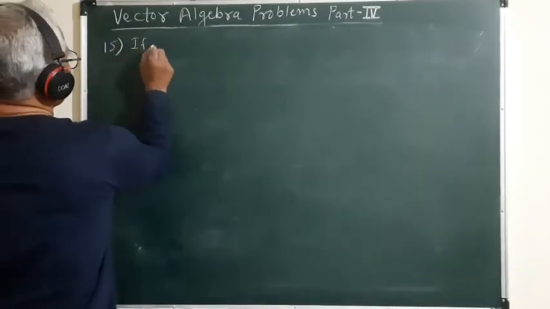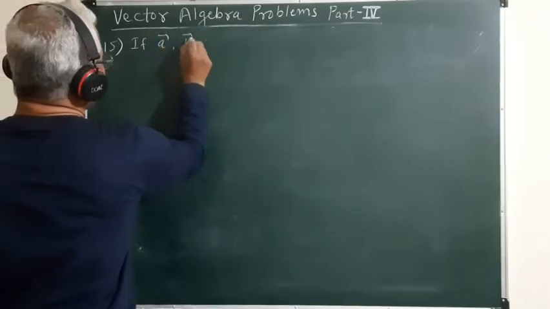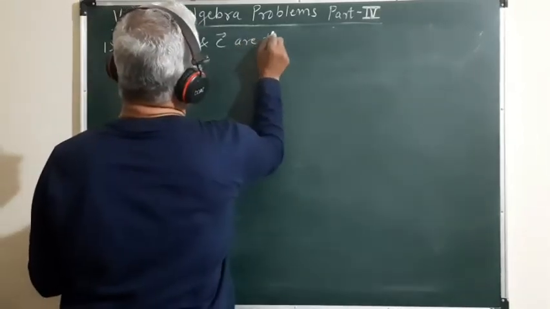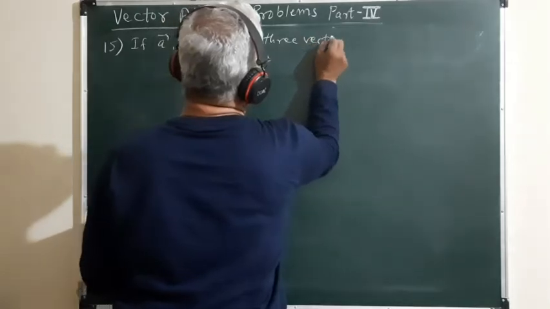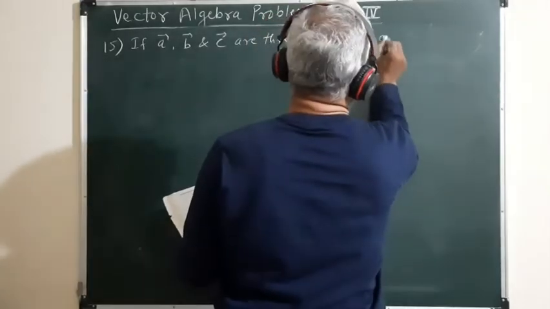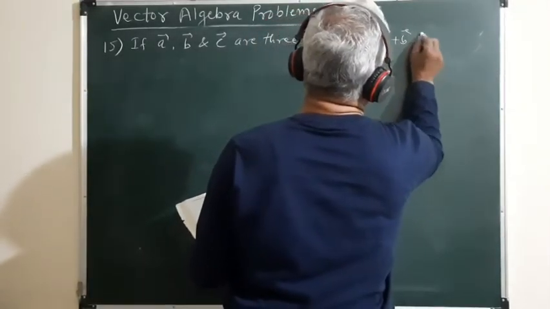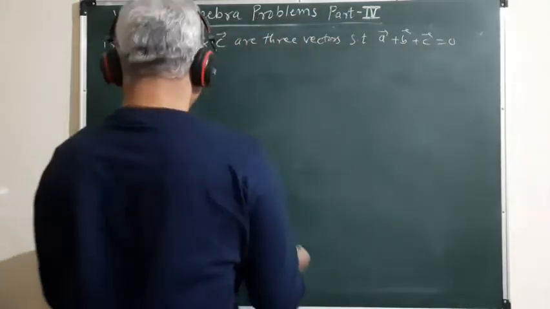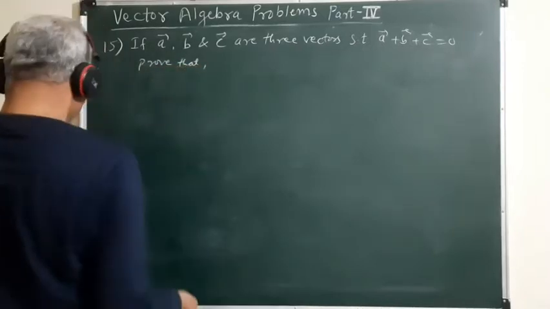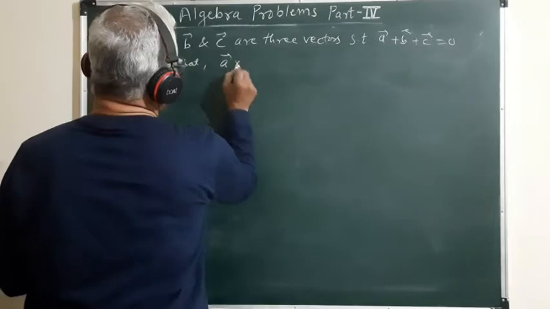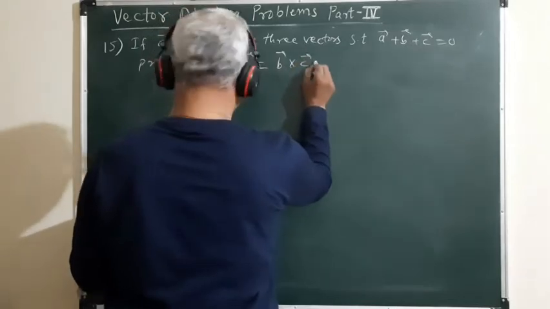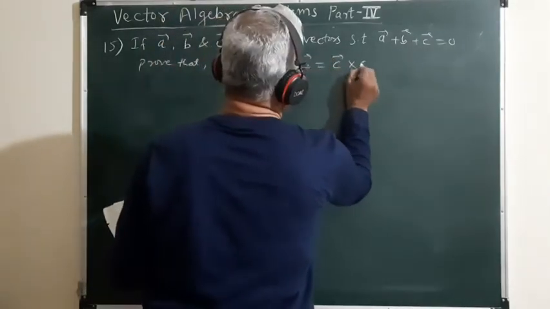If a bar, b bar and c bar are three vectors such that a bar plus b bar plus c bar is equal to 0, prove that a bar cross b bar is equal to b bar cross c bar is equal to c bar cross a bar.